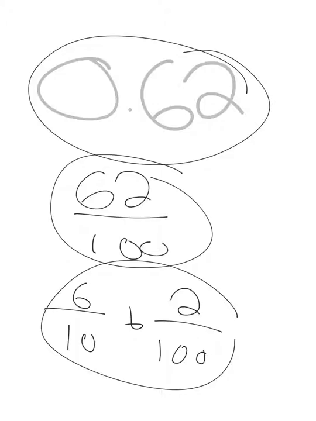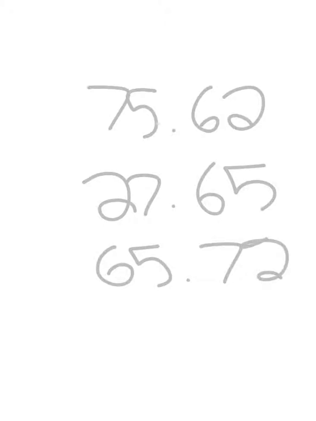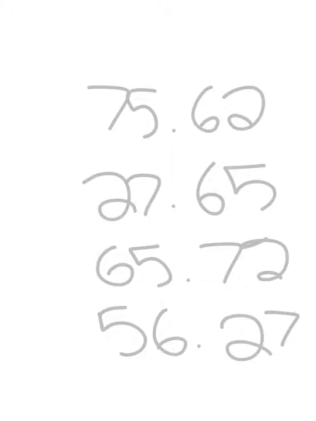Let's do another problem. I'm going to write a couple numbers, and I want you to tell me which number has a 7 in the tenths place. Which one has a 7 in the tenths place?